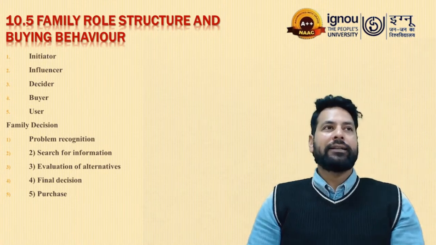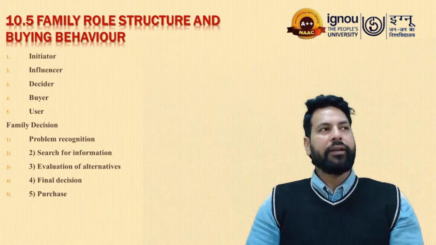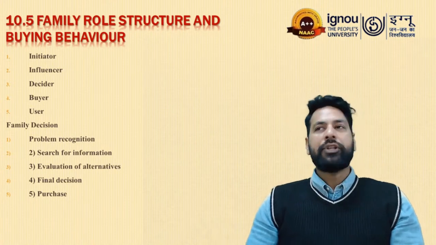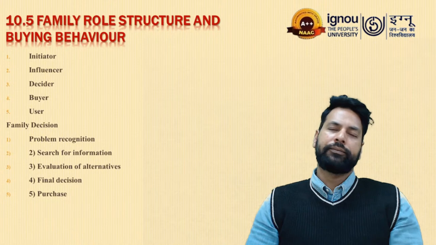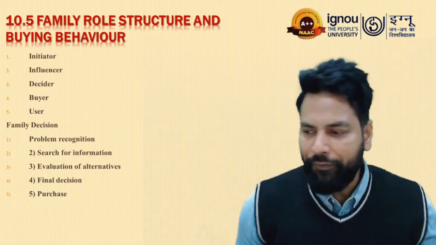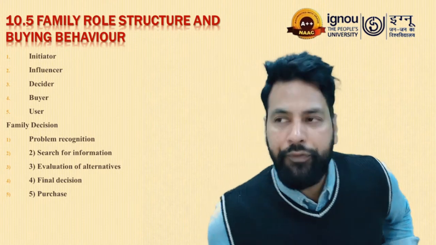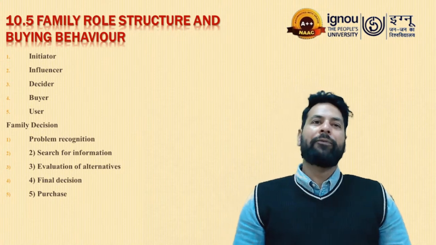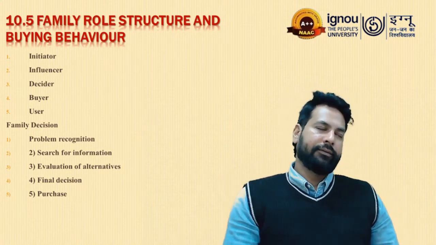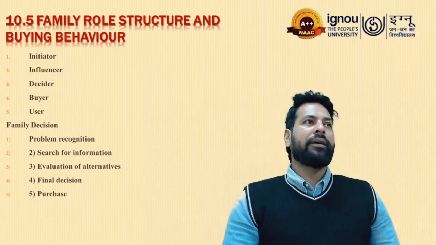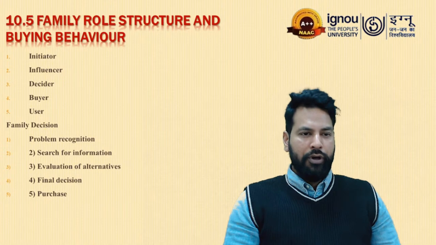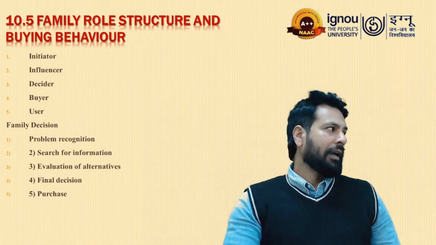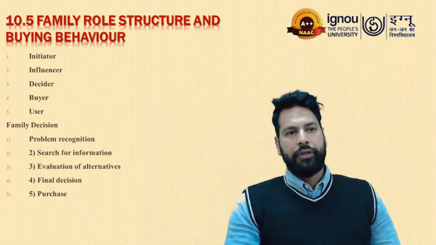Decider: who decides? Obviously the father or the mother who is working. So he becomes the decider and he also makes the purchase, so he becomes the purchaser also. And finally, who is the user? The child. So these are the 5 roles played by different persons, or maybe the same person, but more or less these are the 5 roles played by family members as far as making a purchase is concerned. We already spoke about the process of making a purchase, starting with problem recognition and ending with purchase. So I hope this is clear.